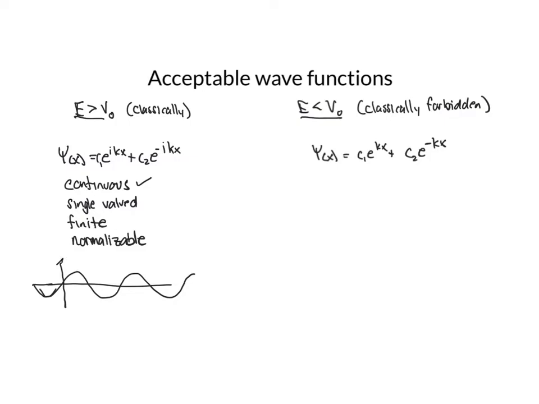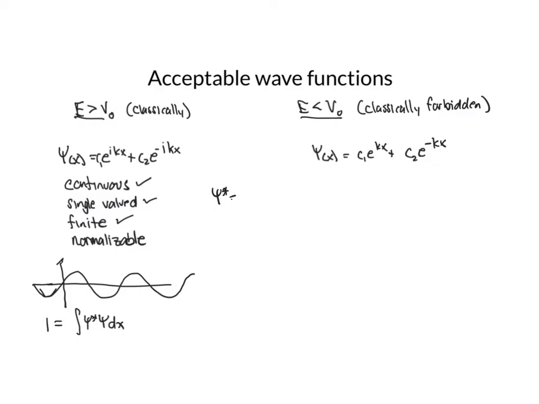It only has one value of the function for each value of x. And it's finite. It never goes to infinity at any place. So now we need to decide whether we can normalize this function or not. And remember that normalizable means that 1 is equal to the integral over all space of psi star psi dx.